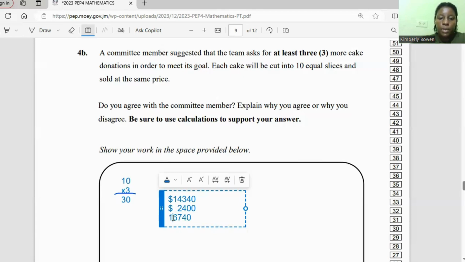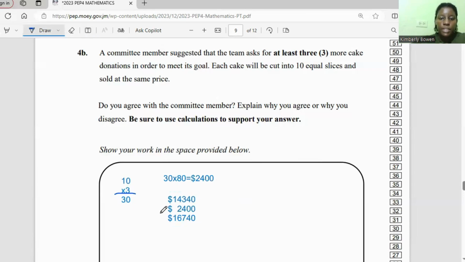And we'll bring down the 1. And it looks to be greater. There's actually 16,740, which is greater than 16,000. So we can say that the committee has met its goal. So we'll just put that statement now.